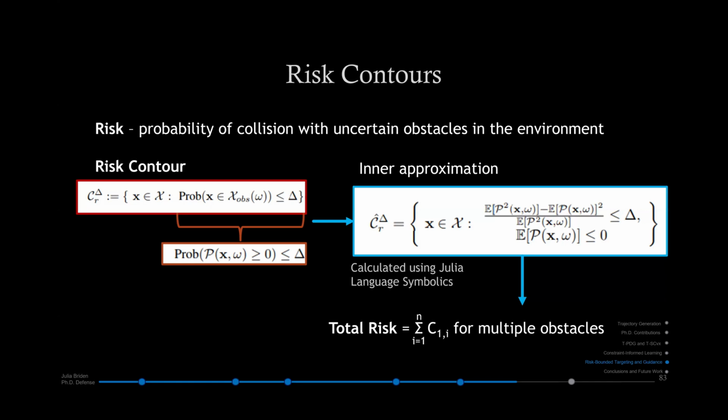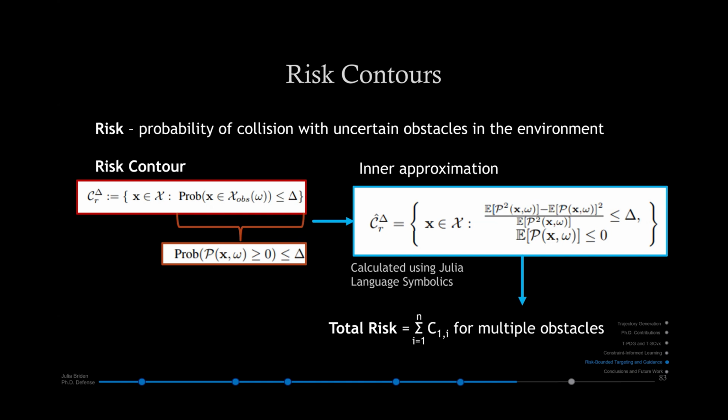And then you can redefine this probability distribution based on the polynomial that describes each of your obstacles. And so you want the probability that the polynomial is greater than or equal to 0 to be less than or equal to your allowable risk.